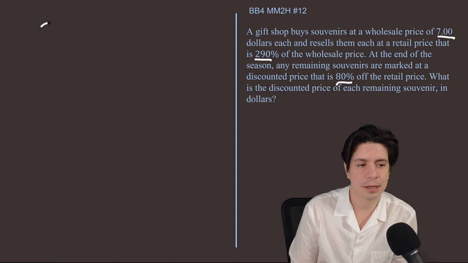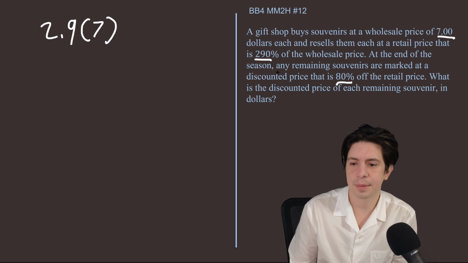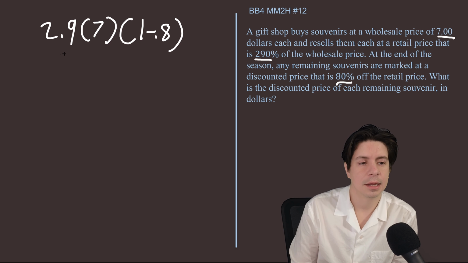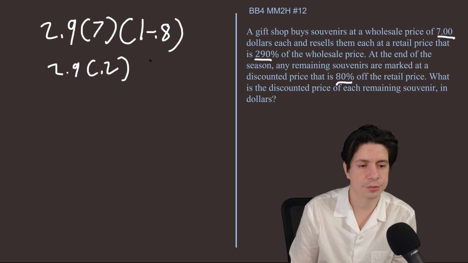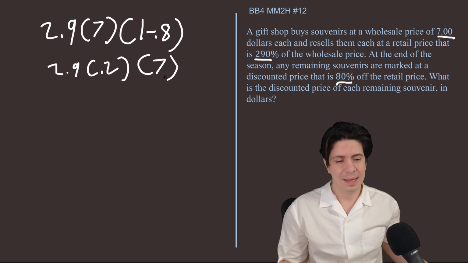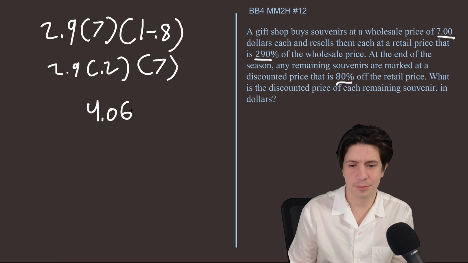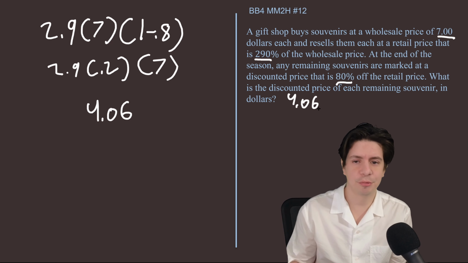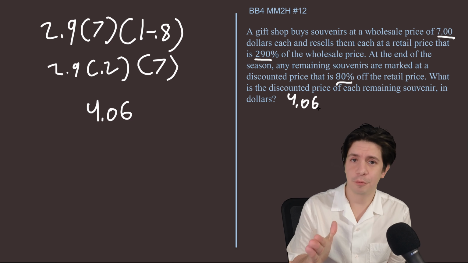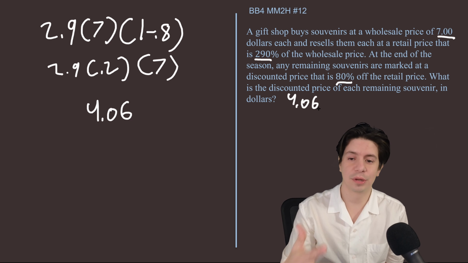So we'll do 290%, that's as a decimal is 2.9, times 7, and then 80% off, 1 minus 0.8. And that's going to become 2.9 times 0.2 times 7, and that is going to be 4.06. Okay, and a classic percentage question with two sort of changes going on, and you just want to keep track of what's off, what's of, or what's an increase. In this case, there's only of and off.